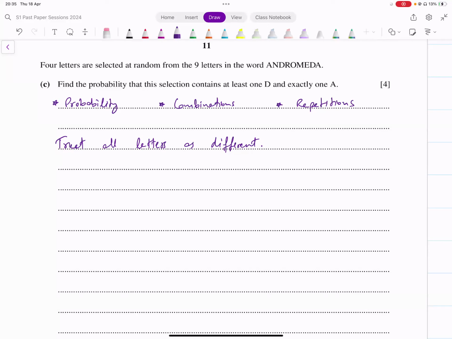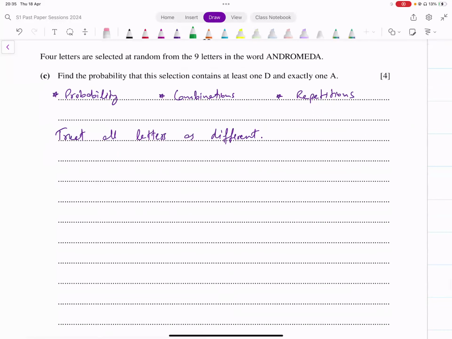As opposed to if you were not looking for probability. If you were, for example, looking for number of possible selections that contain at least one D and exactly one A, you would just list down the outcomes like this.